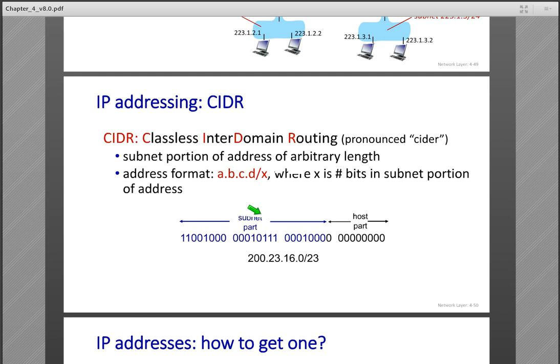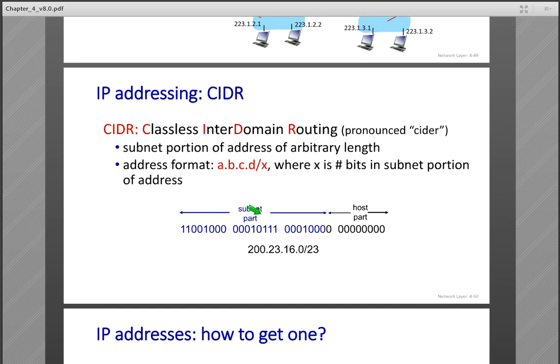For example, in this example, you can see I'm using only the first 23 bits as the subnet part, or net ID.